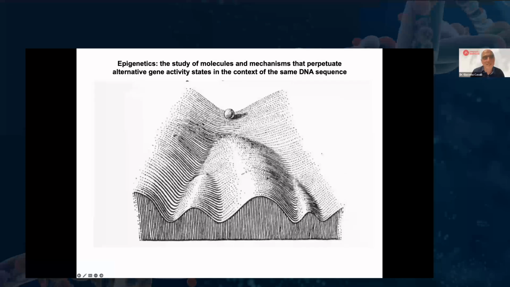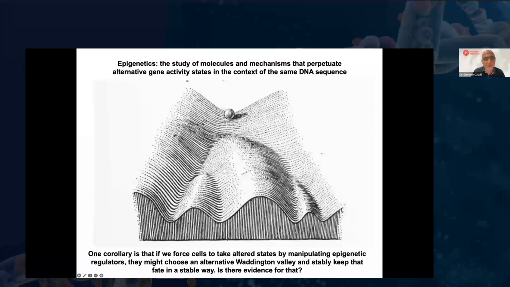And epigenetics is the study of everything that can modify gene activities in the context of the same DNA sequence, right? But then we can also imagine as a corollary that if we force cells to take an altered state, so let's suppose they should go this path, but now we push them to go another path, even if it's a transient phenomenon that pushes them, once they are down the line, even if you restore the initial condition, will they be able to go back?